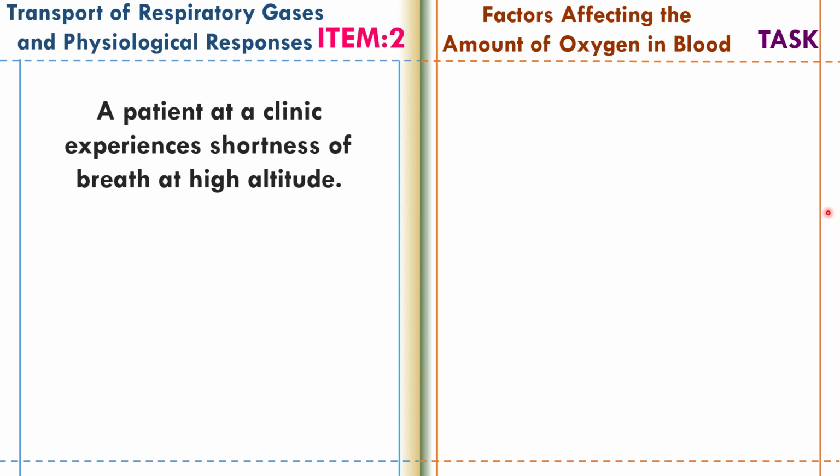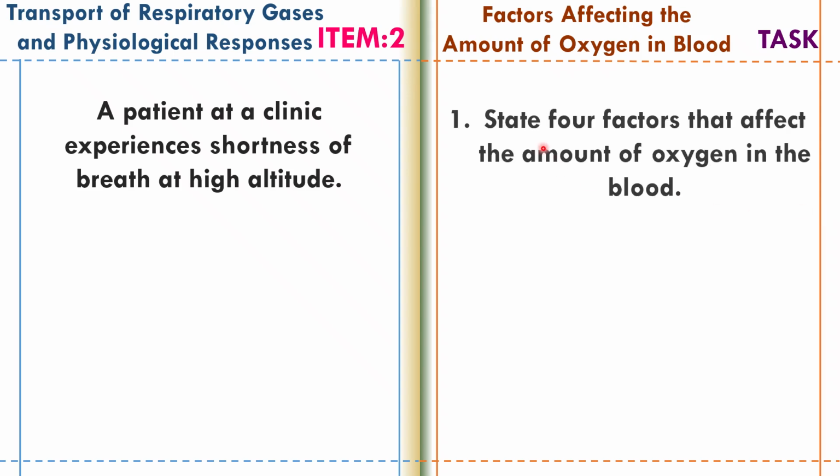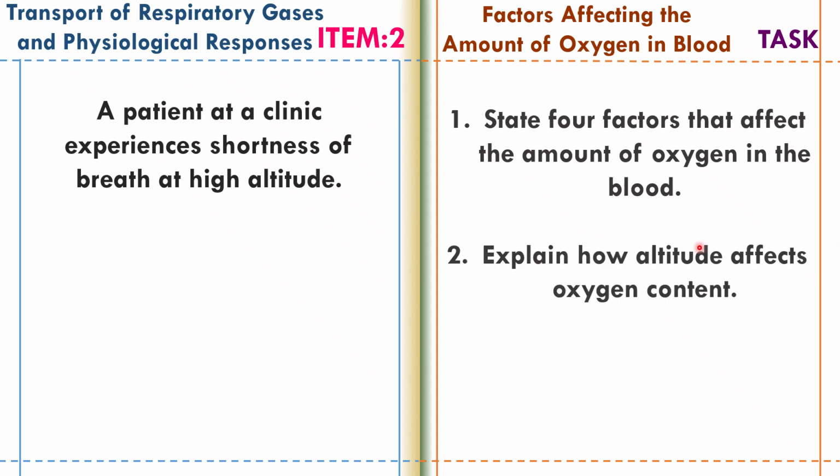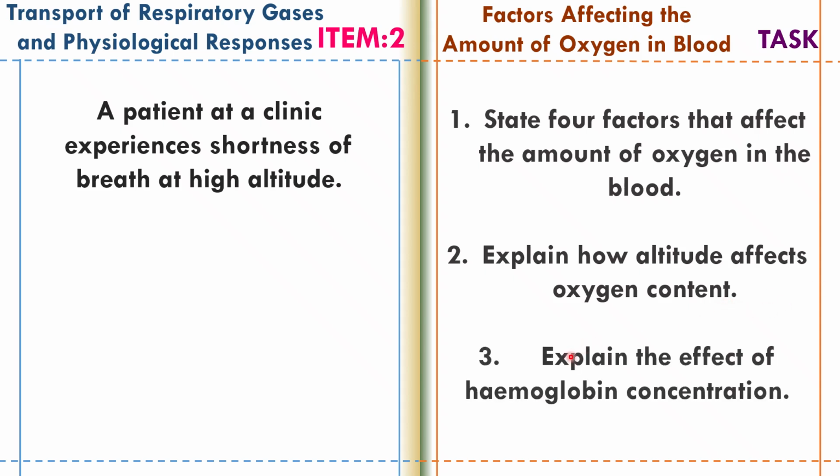Task: state 4 factors that affect the amount of oxygen in the blood. Explain how altitude affects oxygen content. Explain the effect of hemoglobin concentration.